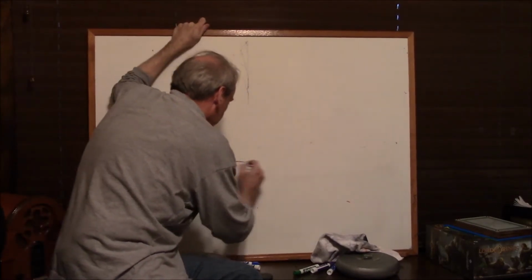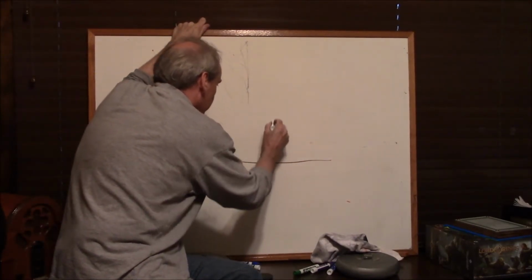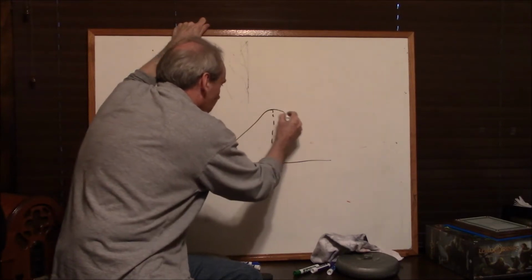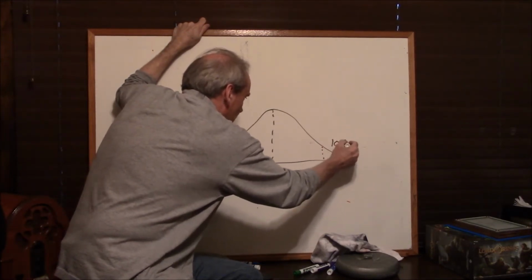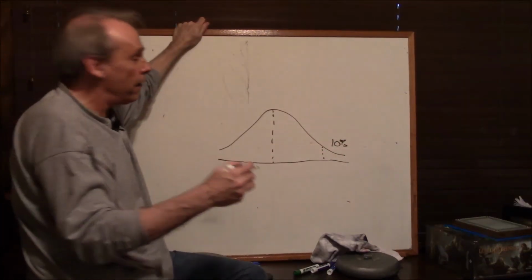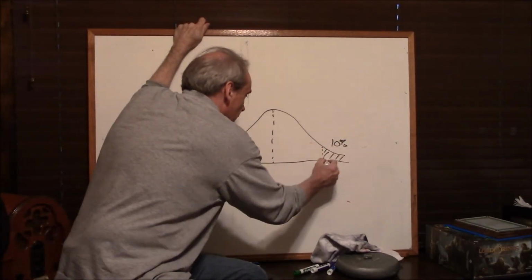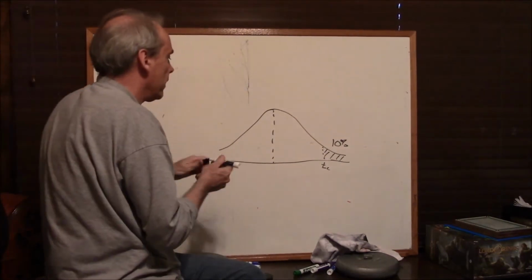There's your 10% cutoff or your 5% cutoff or whatever. And it's cut off by a critical t-value.